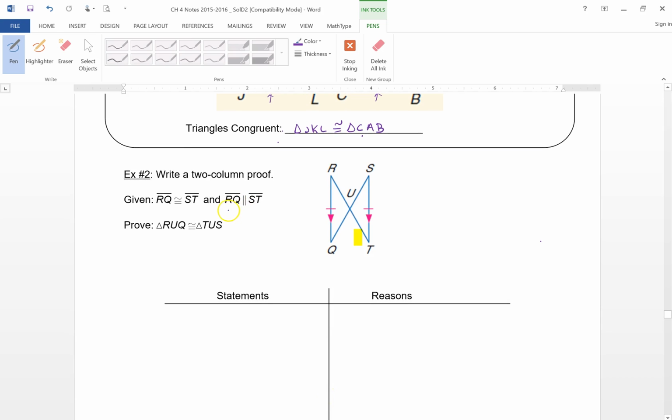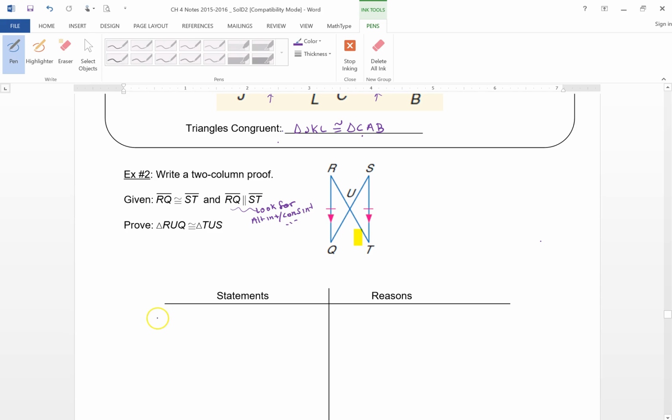Remember that when it talks about parallel lines, it's sort of a cue for you to look for alternate interior, consecutive interior, and so on.